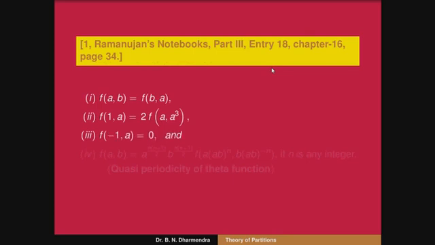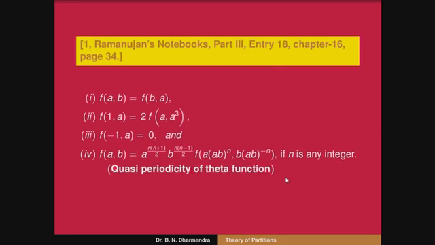And the last one, f(a,b) is equal to a to the power of n(n+1)/2 into b to the power of n(n-1)/2 into f(a(ab)^n, b(ab)^(-n)), where n is an integer. That last one you can call the quasi periodicity of the theta function.